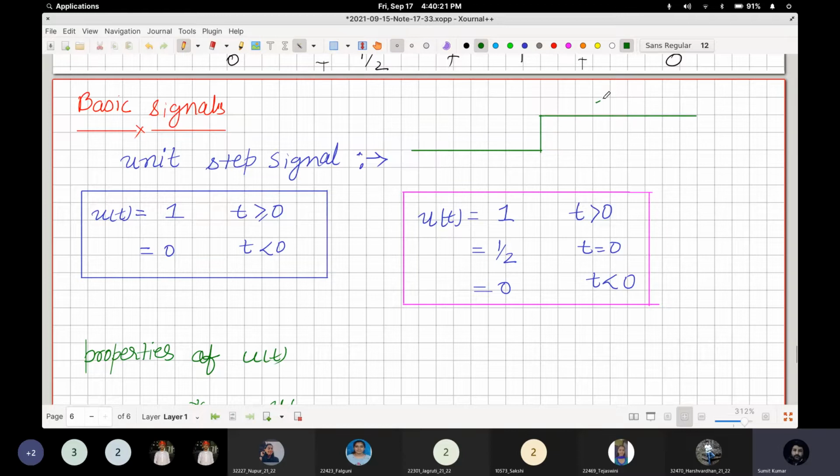So this is 1 here and 0 here, and this point is t equal to 0. At t equal to 0, there is a jump here. Is this clear to everyone?